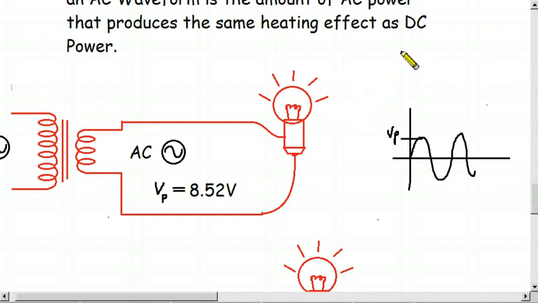Using a meter called a lux meter, you can use your cell phone. You can download an app called lux meter. If you have installed that app on your mobile phone, you can measure the intensity, the brightness of light.